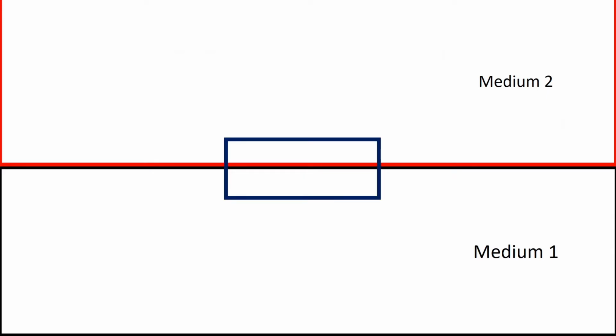The closed path which we define is a rectangle, and this rectangle has width of delta w and height of delta h. This closed path can be considered as the sum of 4 independent open paths: dl1 bar, dl2 bar, dl3 bar and dl4 bar.